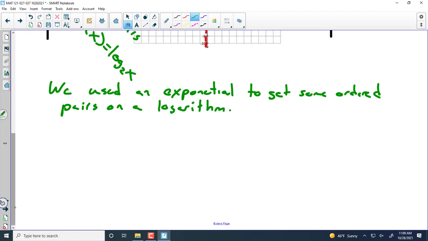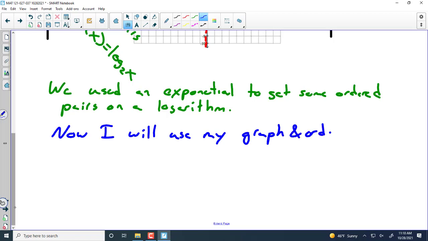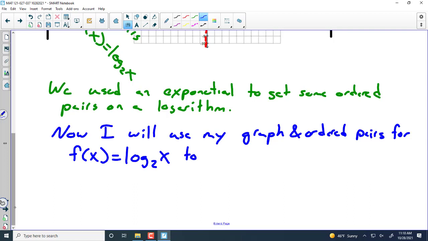And I know graphing is always tedious, but I want to do a little bit more of it. Now I will use my graph and ordered pairs for f of x equals log base 2 of x to do some transformations.